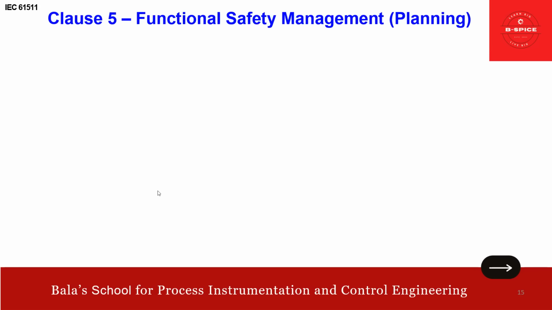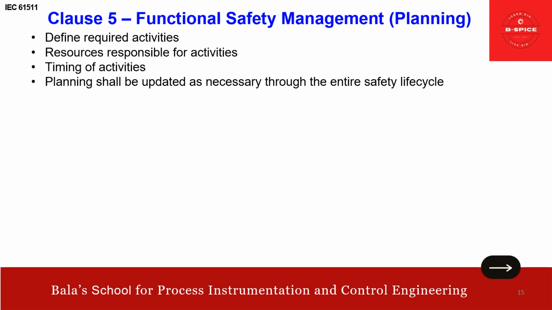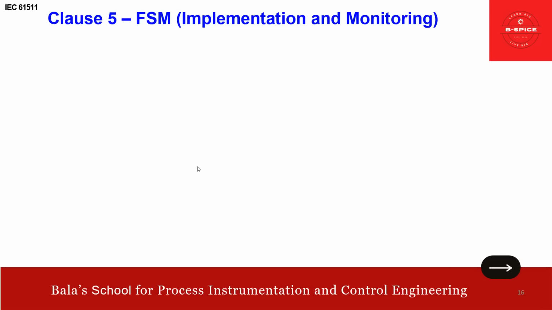Then functional safety management planning. Define the required activities, the resources responsible for the activities, and the timing of the activity. For example, you are going to have a proof test. When do you want to have a proof test? Of course, we are going to cover that in a separate video, don't worry: what a proof test is, and so on. Then planning shall be updated as necessary through the entire safety life cycle. This is the planning phase.